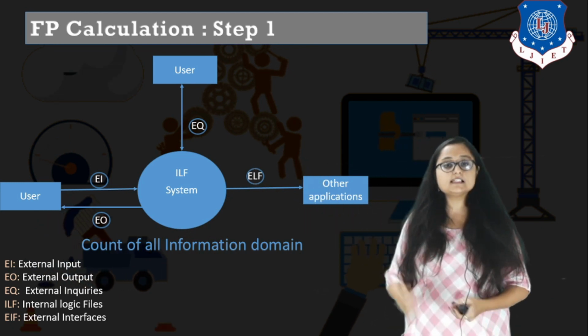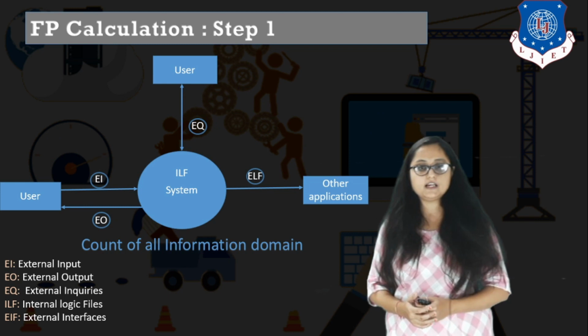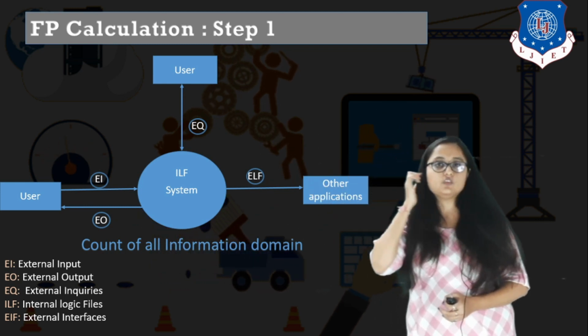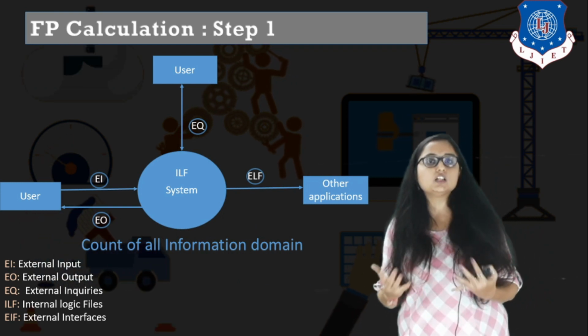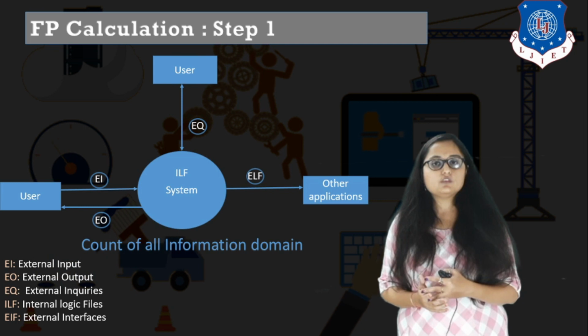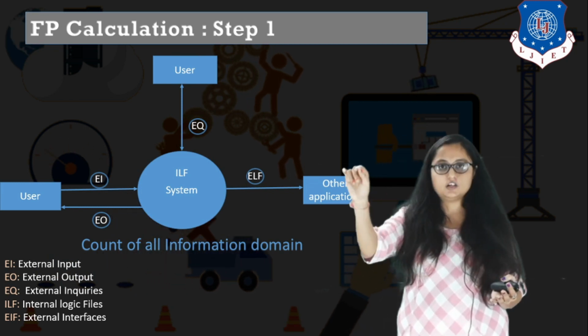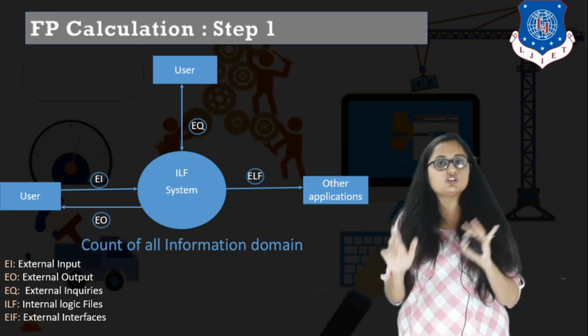The next is ELF, that is external logic files, right? Sorry, the next is EQ. EQ means external inquiries, basically the queries. For example, you may have seen the filters in a website, right? If you have a shopping website, you have a filter for gender, you have a filter for price. So whenever you are clicking on that checkbox, what is happening?